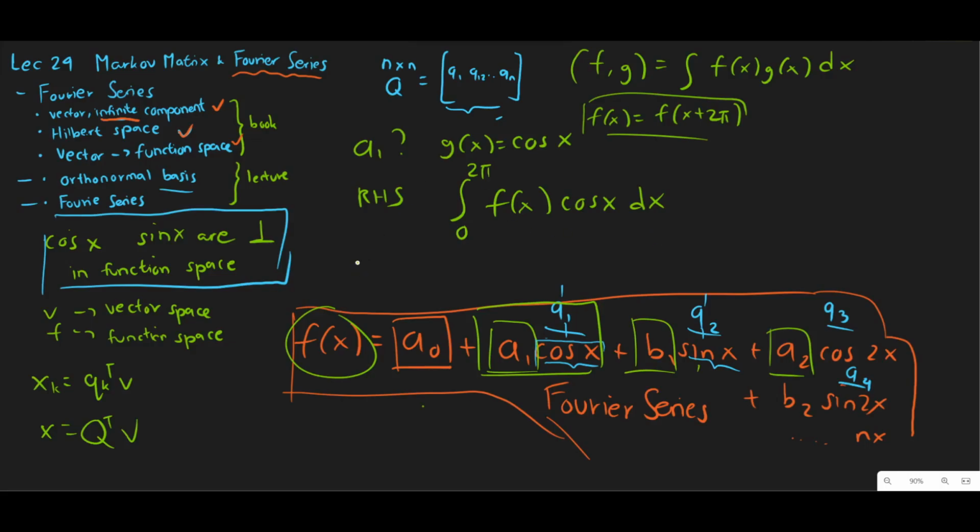Then our left hand side will have all these terms: a0 times the integral of cos x dx, plus a1 times the integral of cos x squared dx, plus b1 times the integral of sin x cos x dx, and so on. Of course the constants can go out.